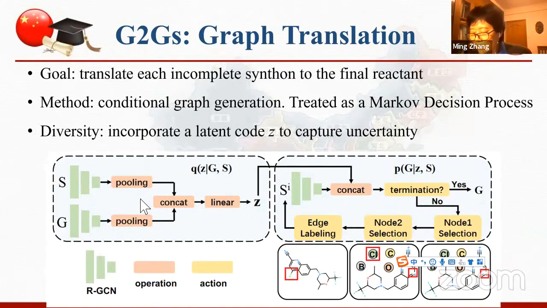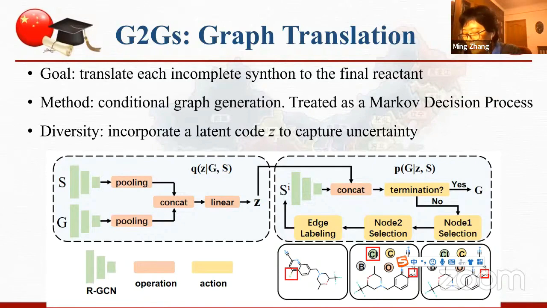The goal of graph translation is to translate its incomplete synthon to the final reactant. And the method is conditional graph generation.